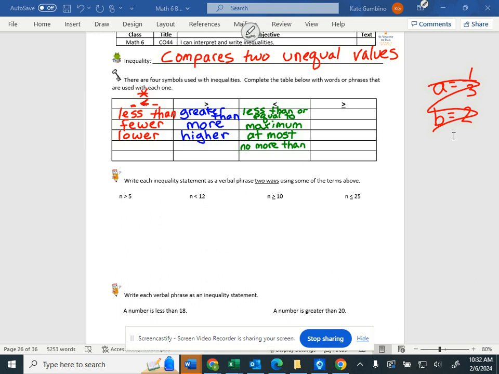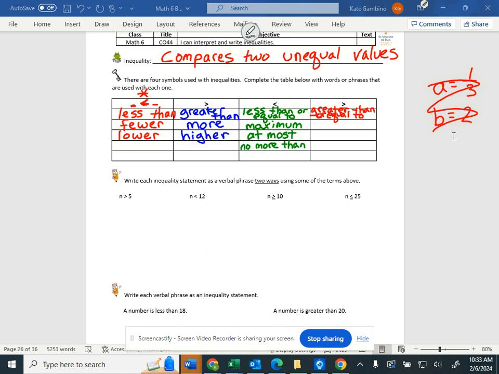And our last one, what do we call that symbol? Melanie? Greater than or equal to. Because it again has that little equal sign under it. So greater than or equal to.